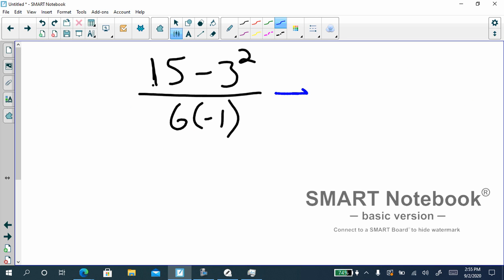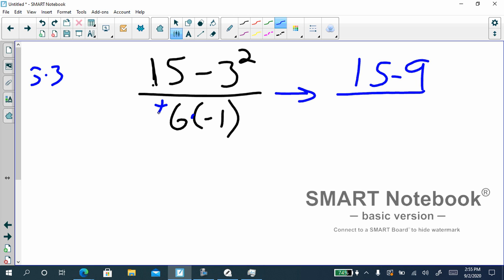Okay, if we simplify the top, we have a subtraction and we have an exponent. So the exponent comes first. 3 squared means 3 times 3. On bottom, we have multiplying.